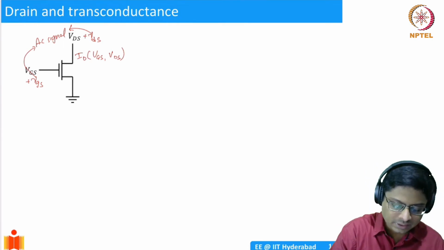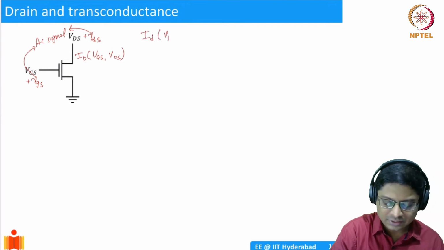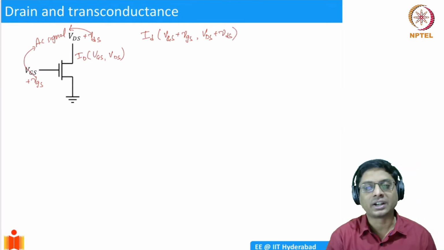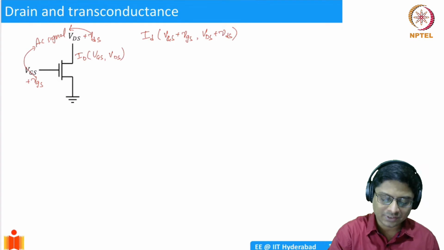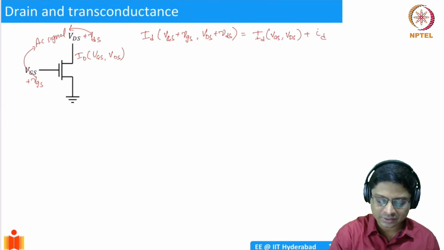Now I'm applying a DC VGS plus AC vgs, and a DC VDS plus AC vds. If this is a current, we can write this as essentially equal to ID, which is the DC operating current, plus a small id, which I'm calling the AC drain current.